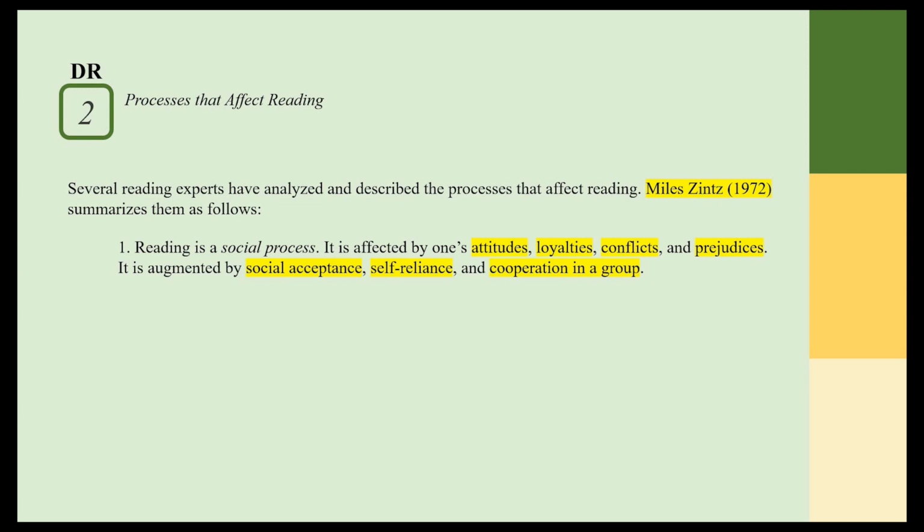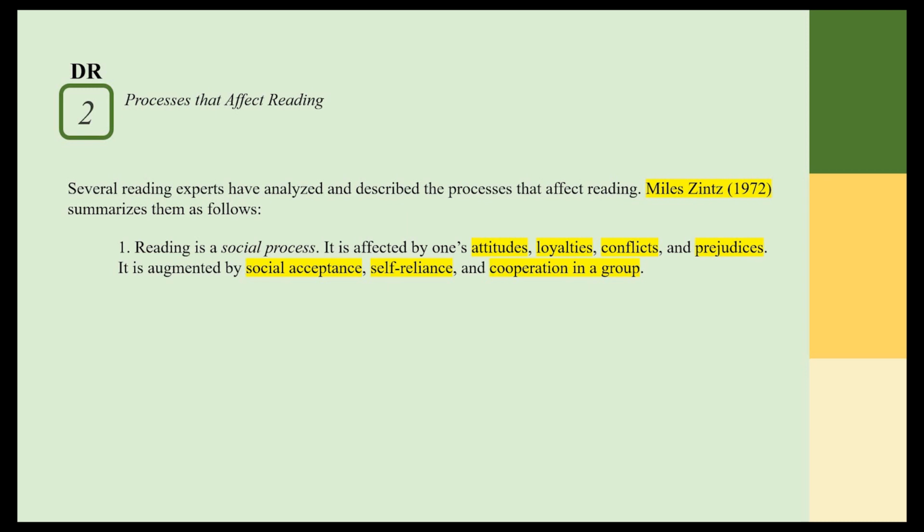We are basically going to dive into the different factors that affect reading, and look at reading as something that is defined from many different angles, according to Miles Zintz. So there is not just one angle in which we can define reading.